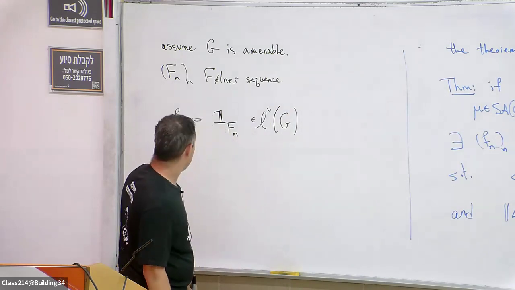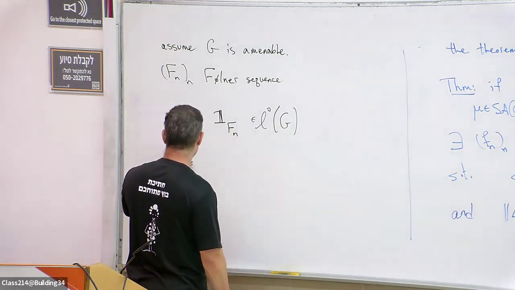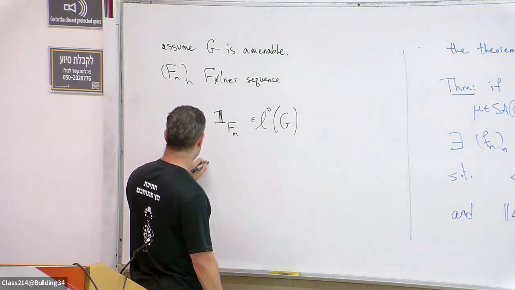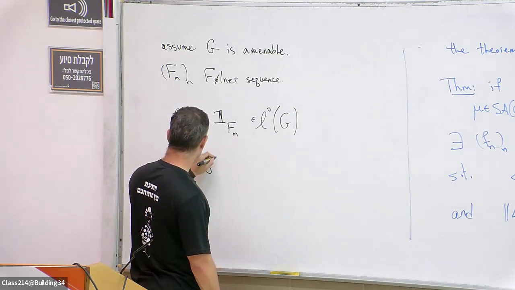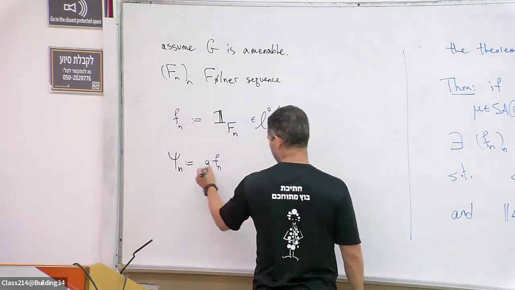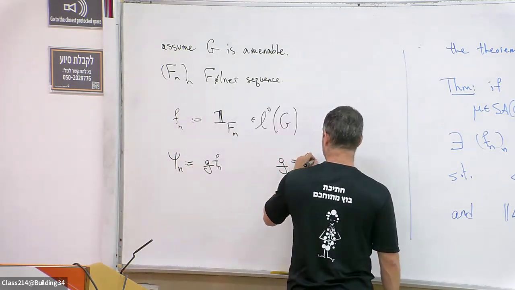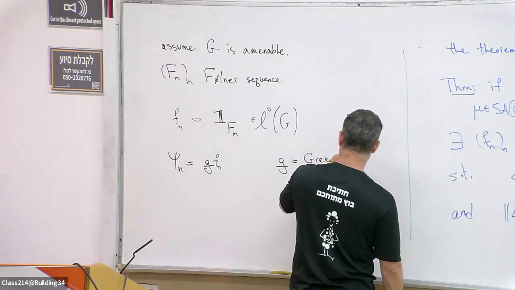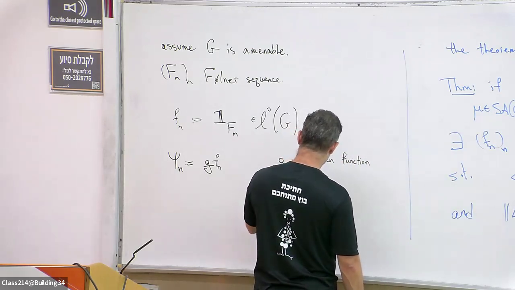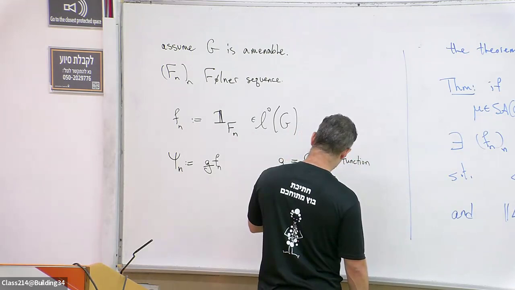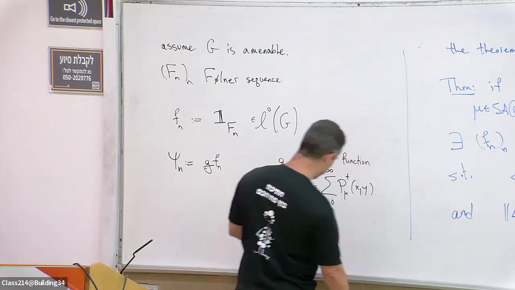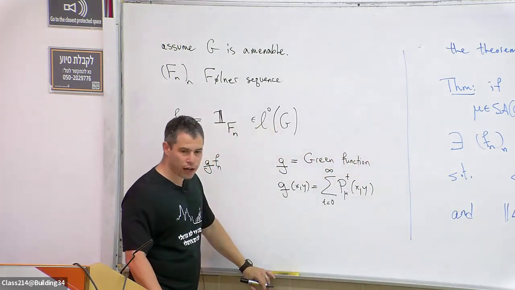Then I'm going to define psi n to be G acting on fn. So remember, what is G? G is the Green function. It's a matrix which just counts the expected number of visits to y starting from x.